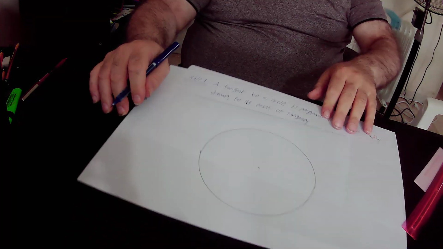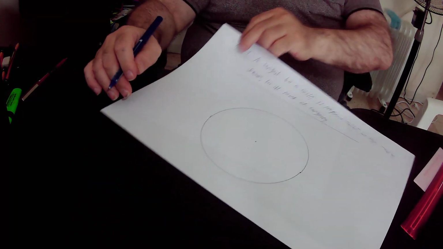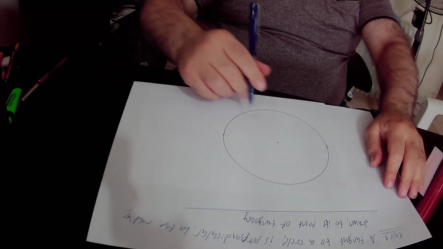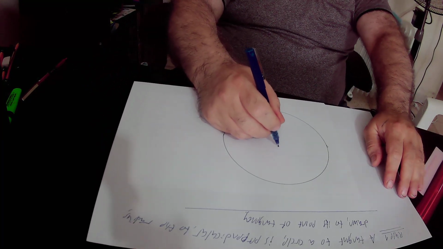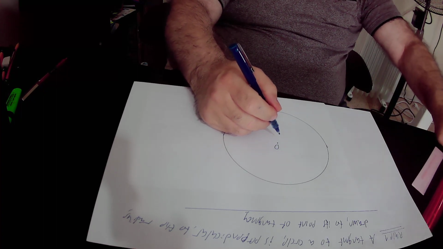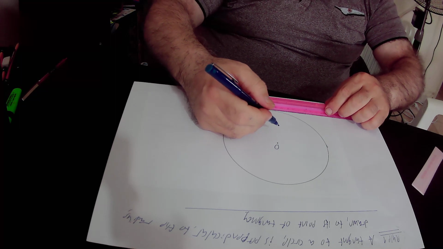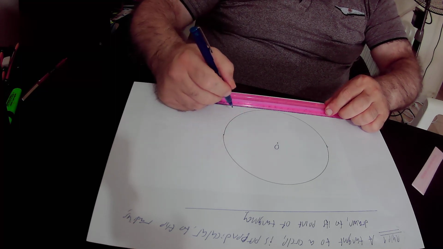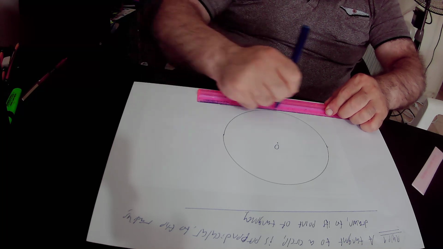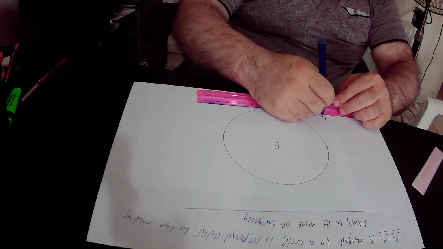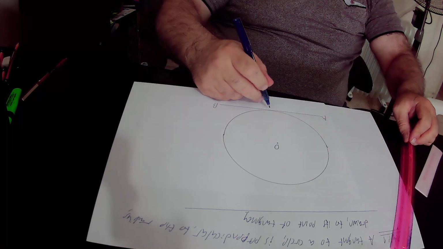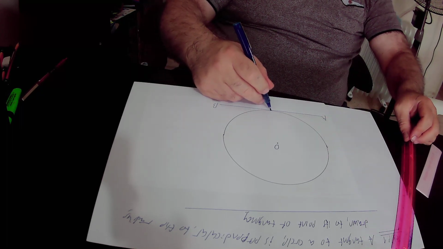tangency. So we have this circle, and we know that the center of this circle is at this point, point O, and we also have tangent AB to this circle. Here, this tangent is tangent to this circle at this point.